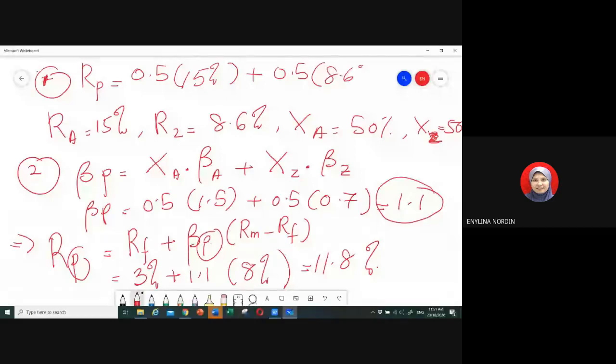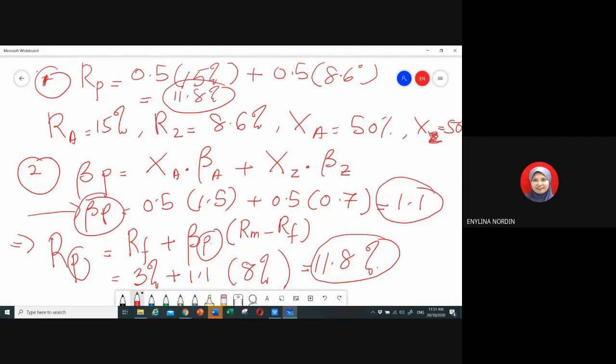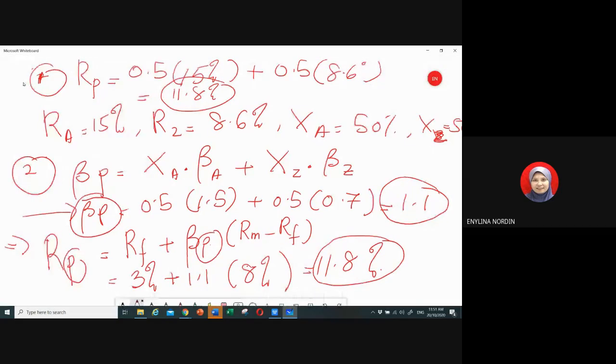Then you also get 11.8%. It is the same. Whatever method you use, you will get the same answer. But you have to be careful. If you want to use the CAPM formula, you must use the beta of the portfolio. If you want to use the weighted average formula, use the returns you calculated from the CAPM formula, then multiply by the weightage.